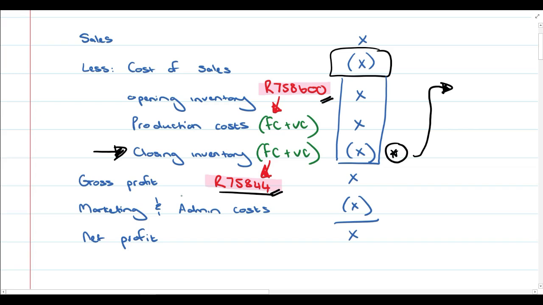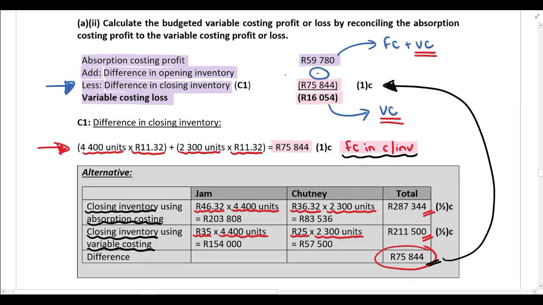On the other hand, if variable costing is used, we don't include any fixed manufacturing costs in the value of inventory. So what happens is the full fixed manufacturing cost is expensed in the period incurred. So that's why when we performed this recon, we saw that if variable costing is used, the company forecasts a loss of 16,054 Rand.